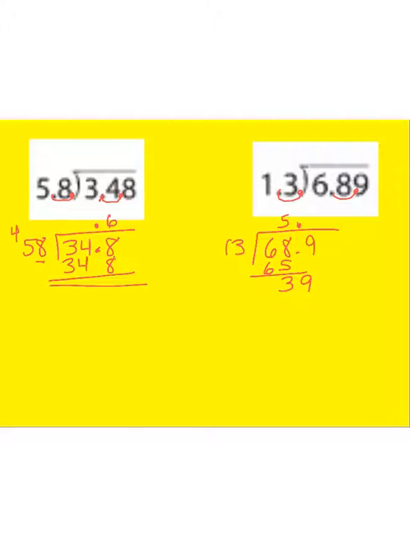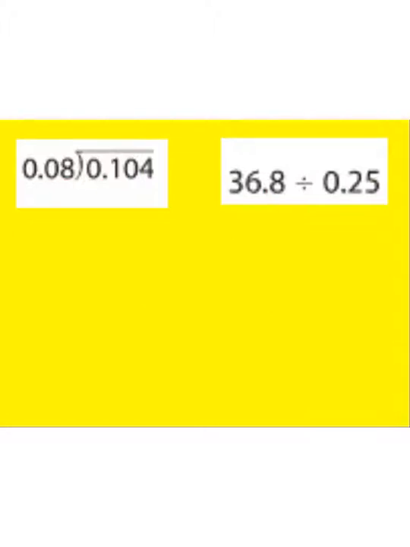Bring down the 9. Remember, we're not worrying about the decimal here. It's gone. We've already brought it up here, so it's gone. 13 goes into 39 3 times. 3 times 13 is 39. My answer is 0, and I'm finished. So 6 and 89/100ths divided by 1 and 3/10ths equals 5 and 3/10ths.